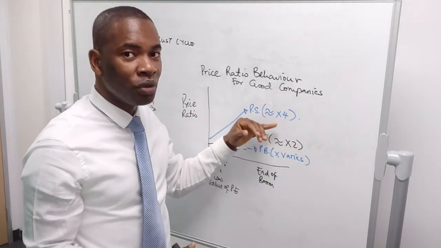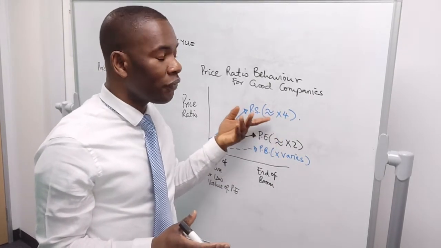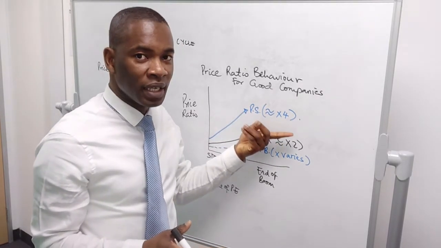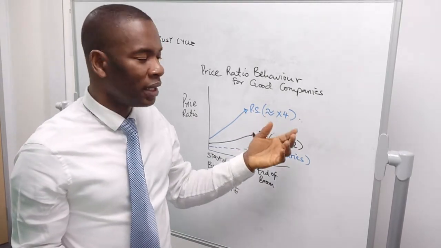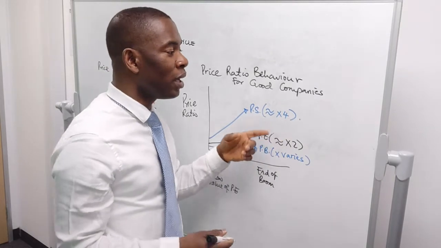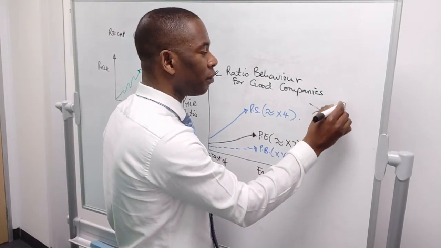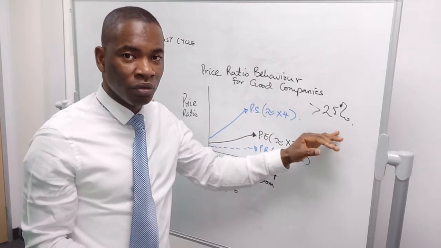That will make sure you don't miss out on the returns that will come from the growth the company is experiencing. What I normally term a growth company is a company whose revenue grows at more than roughly 25%. That for me is a company I call a growth company.